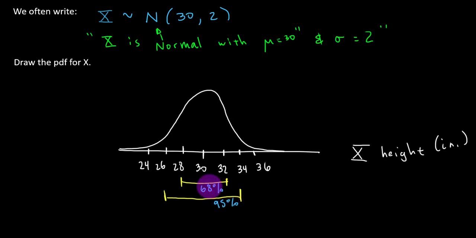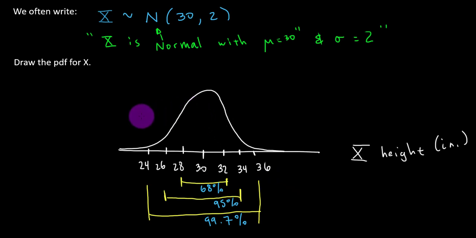And 3 standard deviations below and 3 standard deviations above the mean should encompass most, but not all, of the distribution, 99.7%.